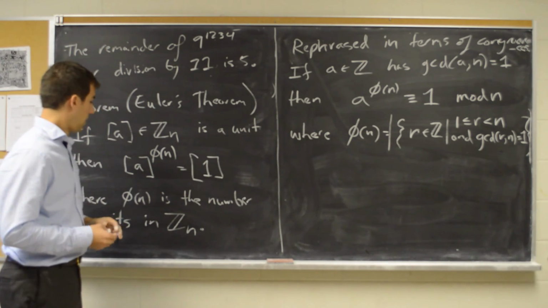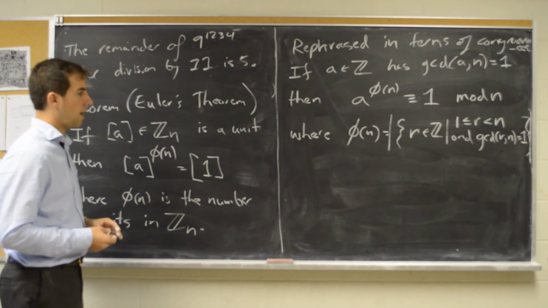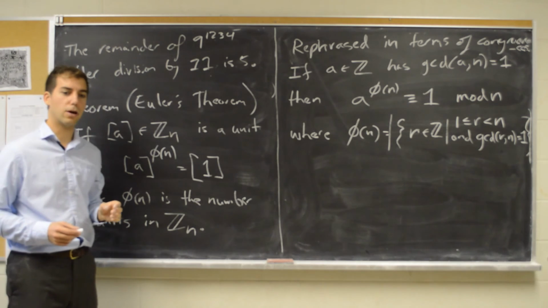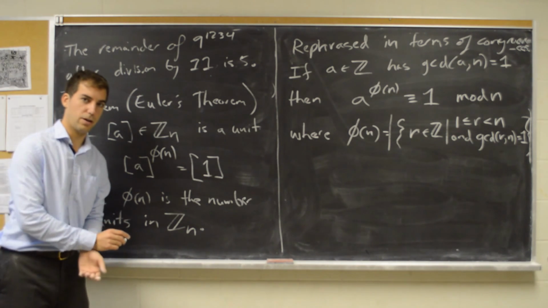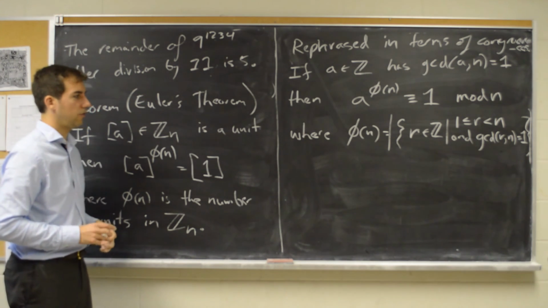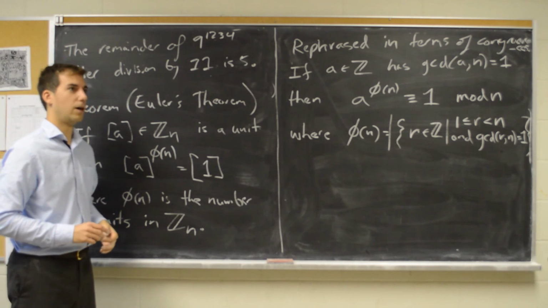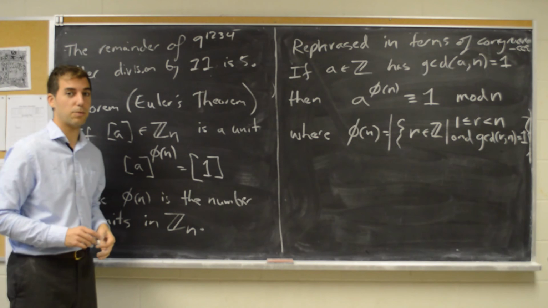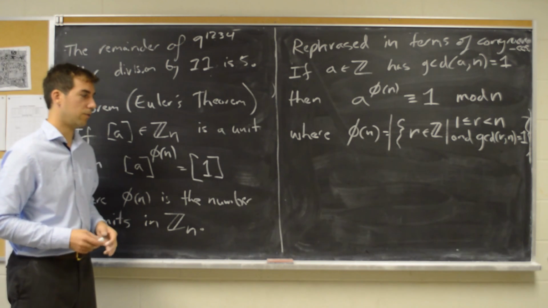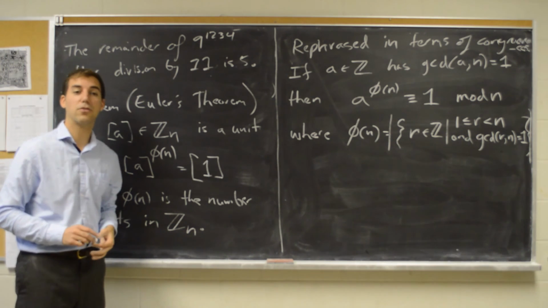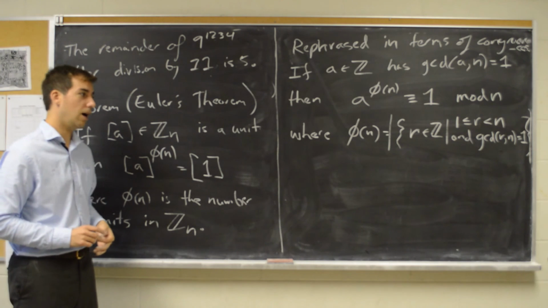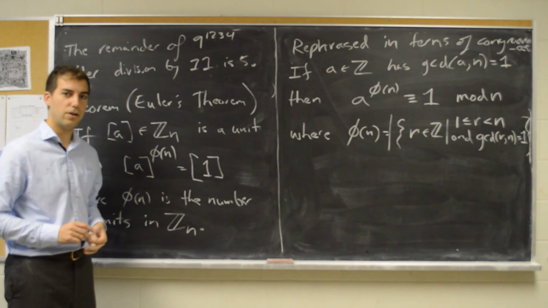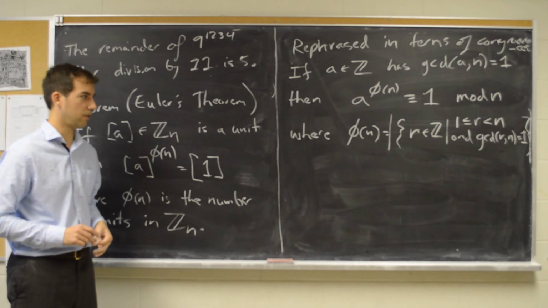So one last thing I wanted to say was that Euler's theorem forms the backbone for a cryptographic system called RSA. RSA was made in the 70s. I want to say it's one of the few cryptographic systems that we think is secure, based on recent revelations from all the NSA documents in the US.